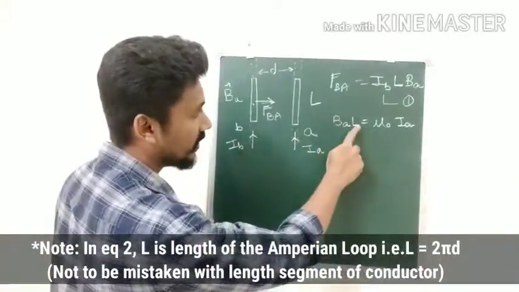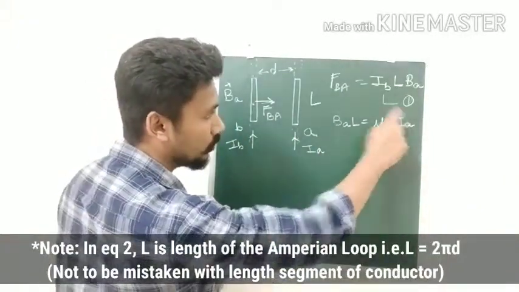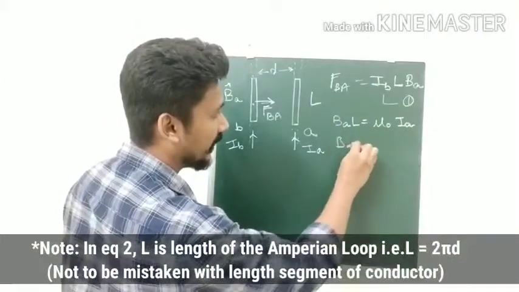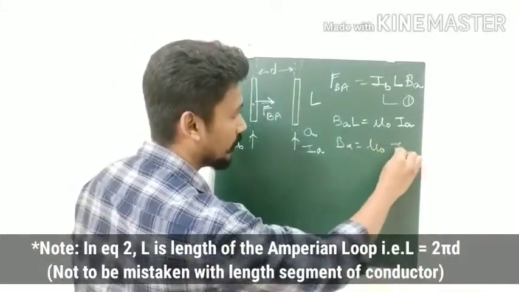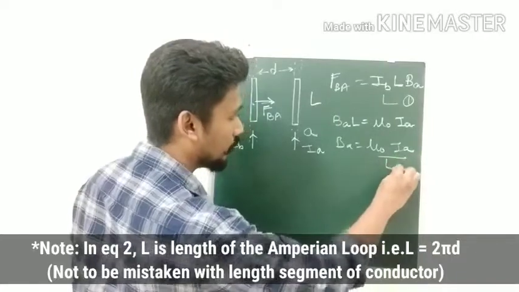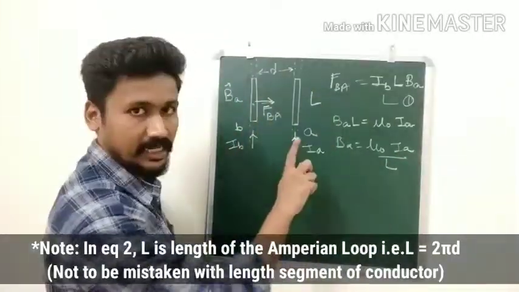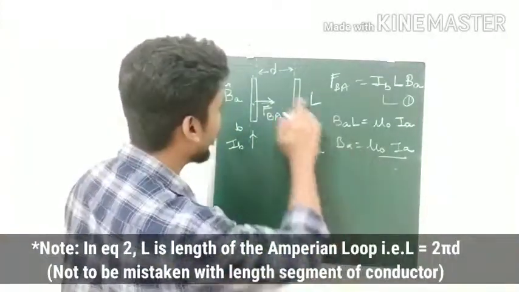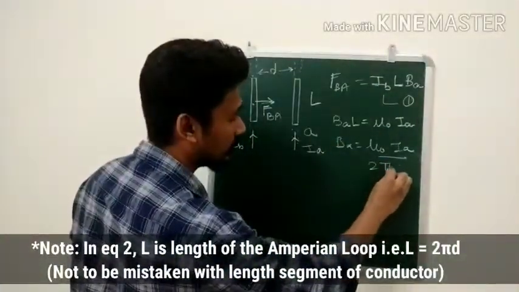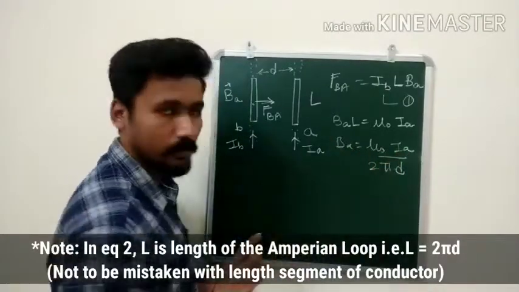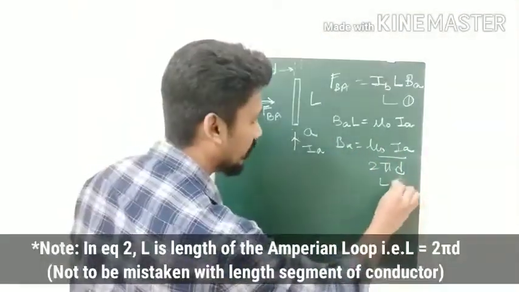Therefore BA equals mu naught IA upon the total length. As the loop is a circle, the total length is 2 pi d. So BA is equal to mu naught IA upon 2 pi d. Let us call this equation number 2.